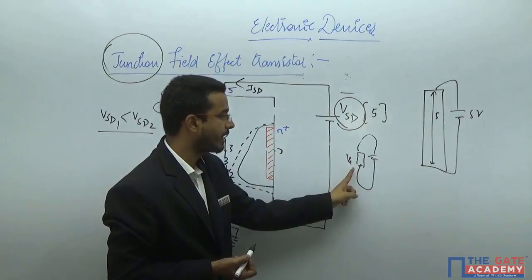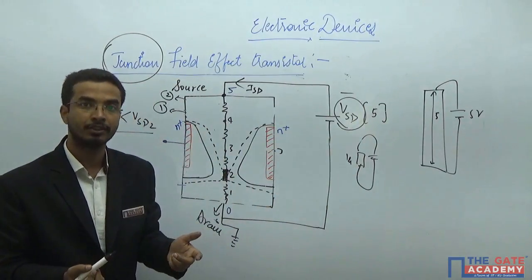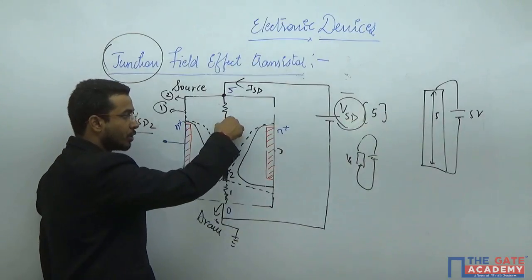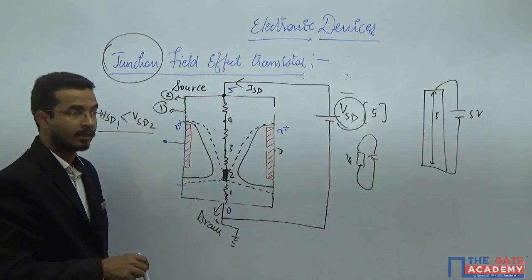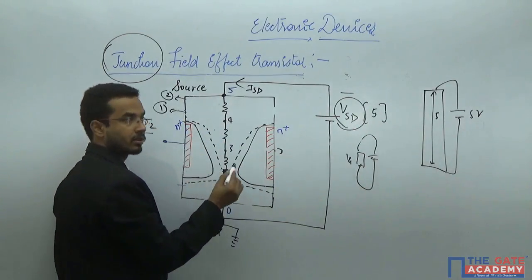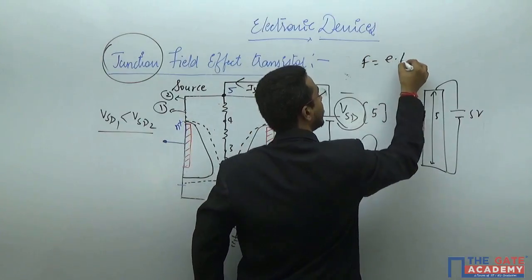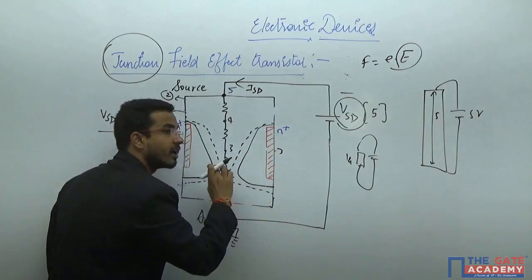So electric field will be high here and that electric field will be sufficient enough to force these holes to penetrate this region and go towards this side. That means it will provide enough force. F is equal to qE. Now the electric field in this region is very high.